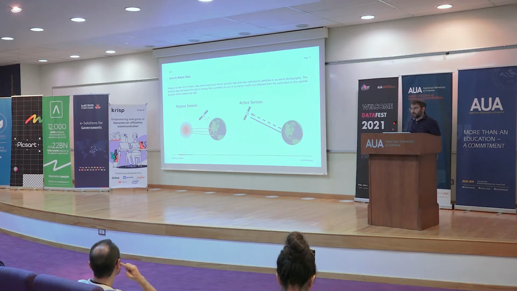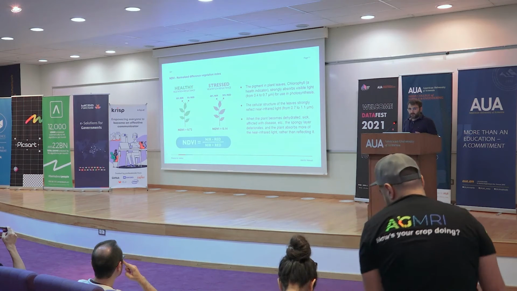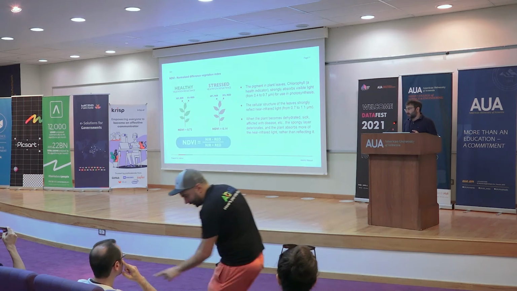Imagery is just one form of raster data, where the pixel values are the amount of light or energy that was reflected back from the Earth for that specific area, and then collected by the sensors of the satellite or the aerial imagery. And a few words about vegetation indexes.